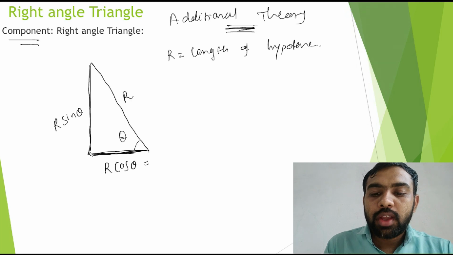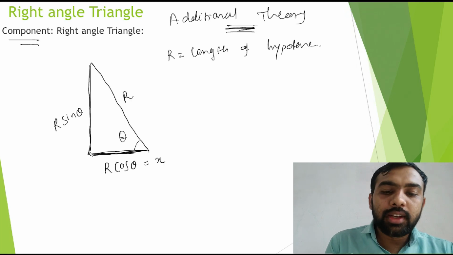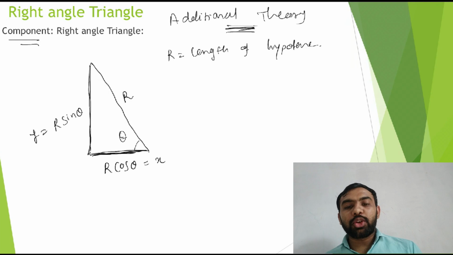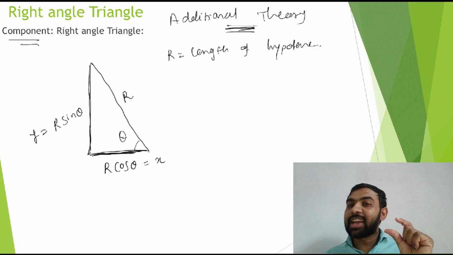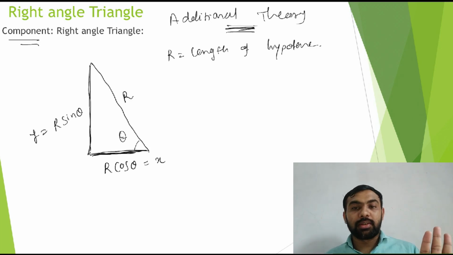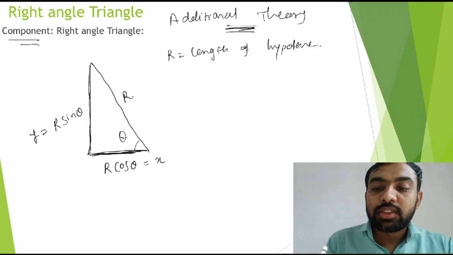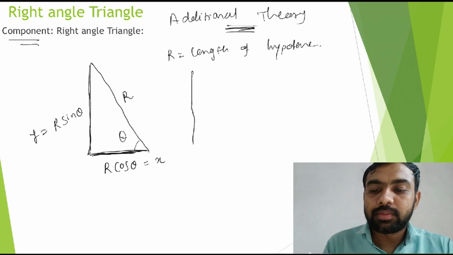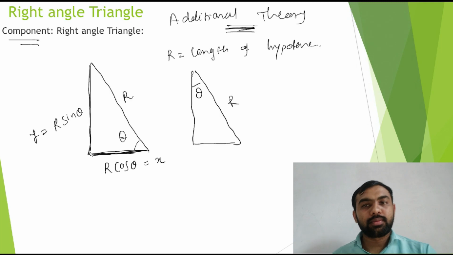Suppose you consider one side to be x and the other to be y. I am not saying horizontal is always x and vertical always y. I am just saying suppose you consider it as x and y. And I am not saying x is always r cos theta and y is r sin theta; that's completely wrong. Suppose you consider the same triangle with hypotenuse r and theta here.